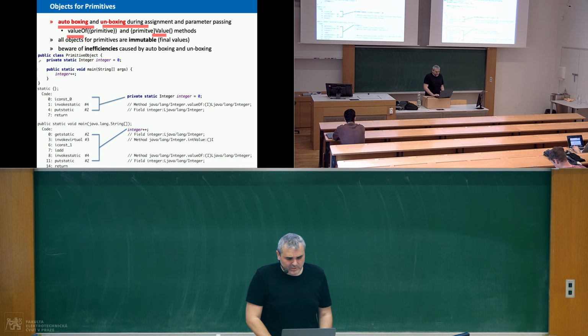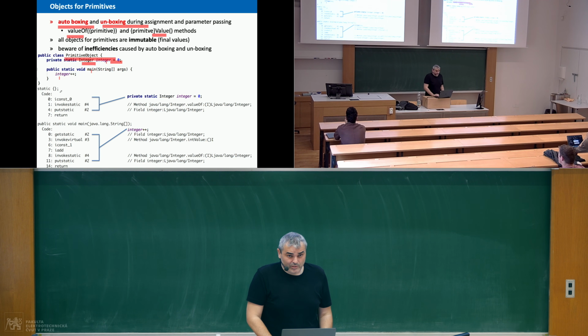So if you look at this simple code, we have a primitive object class here, which contains one field, an object-based Integer with capital I, originally 0, and then we have a main method which just does an increment of that value.